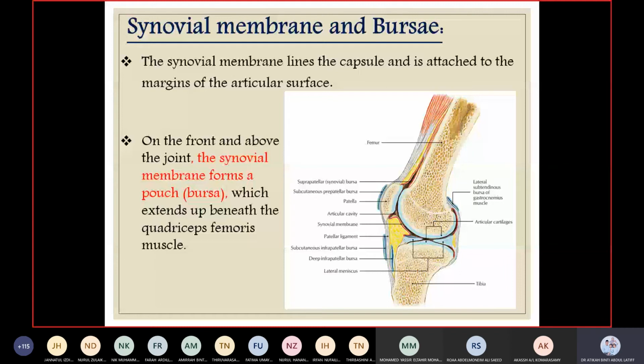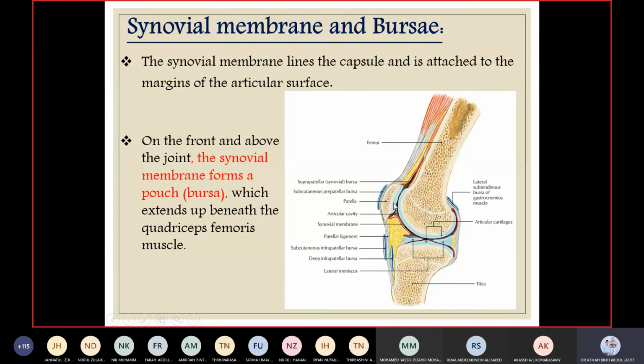So actually the bursa is an extension of the synovial membrane out of the synovial cavity. At some areas where there is a need for cushioning at the joint, we have bursa which acts as a cushion to protect the area.